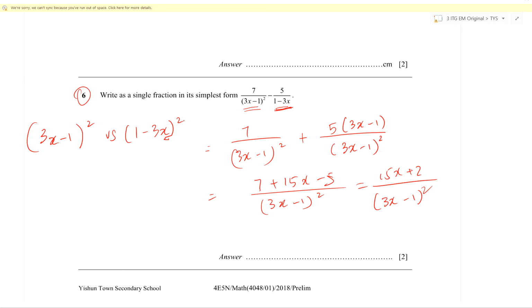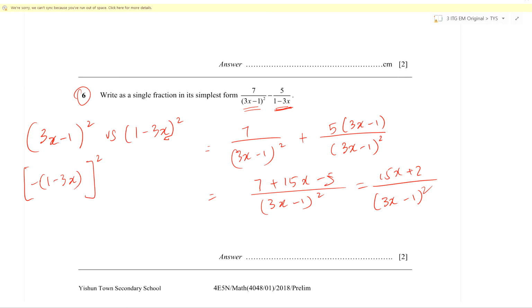Let me show you. 3x minus 1. If I want to change it to 1 minus 3x, what do I have to do with it? Times negative 1, right? Okay, so inside my big square, nothing changed. I'm going to change my 3x minus 1 to become 1 minus 3x with a negative sign in front, isn't it? Now can you see that these two are the same? We've got an outside square, we've got a bracket, and inside the bracket I've got 3x minus 1, and this is also 3x minus 1.